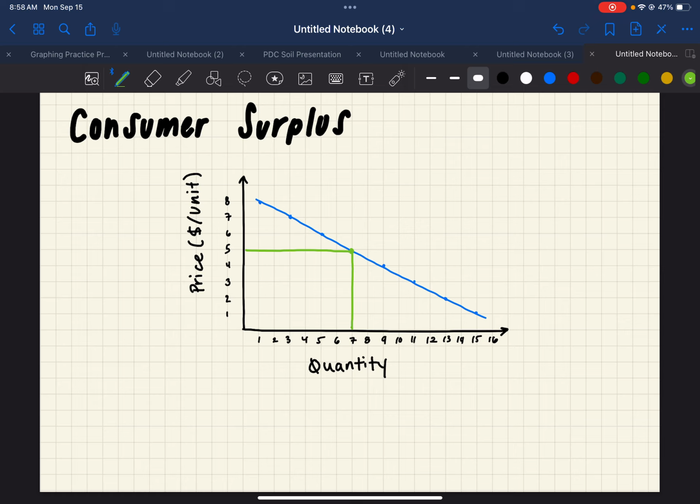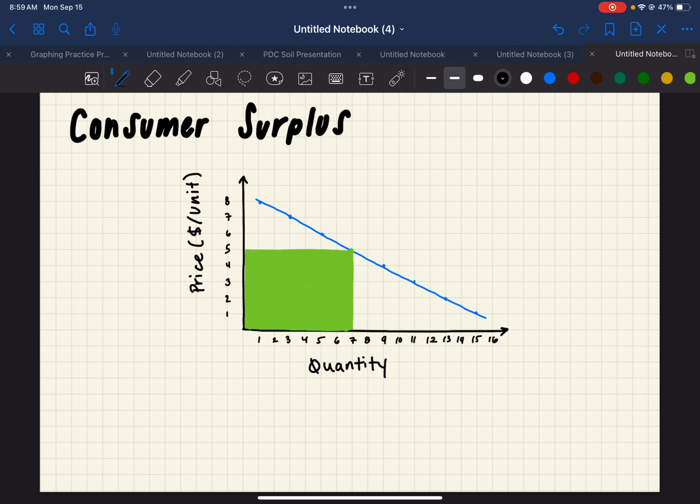So that means that the market in total has paid 7 times 5, right? That's the amount that our business, whatever it is, whatever we're selling, that's the amount that our business gets. 7 times 5, 7 items at $5. So if you think about this in terms of geometry, that means that the area of this rectangle is equal to the amount that the market pays, the amount that all the consumers in the market spend collectively on that item.